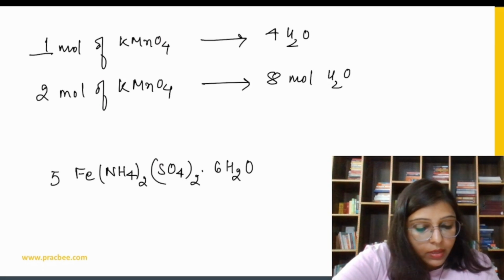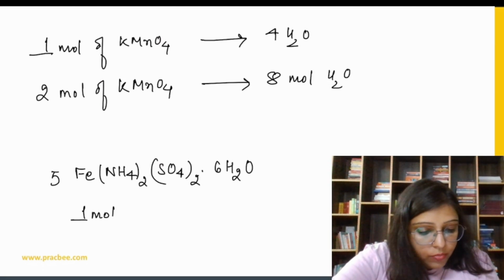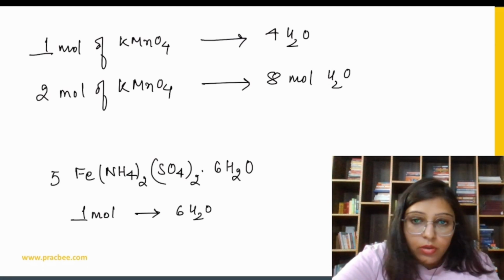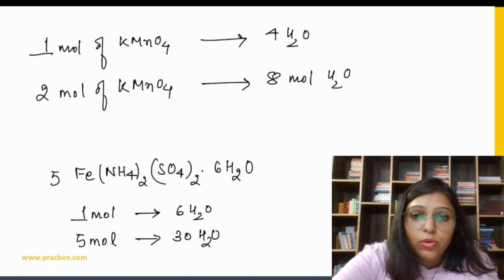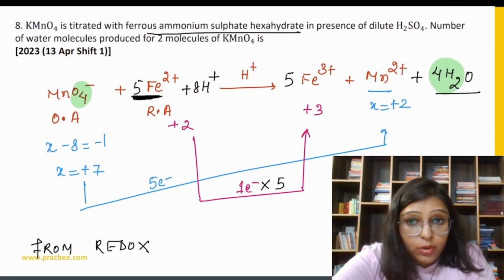So see, in 1 mole we have 6H2O, right? In 5 moles we have 30H2O. That is with 1 mole of KMnO4.